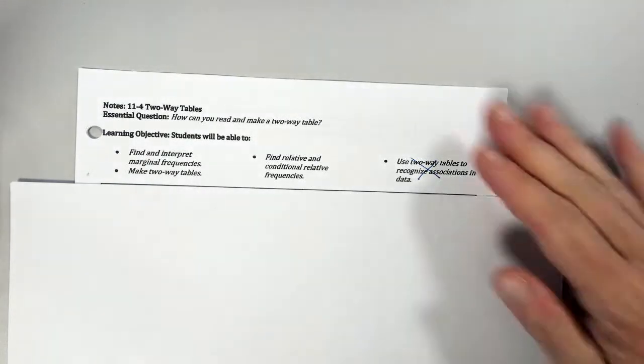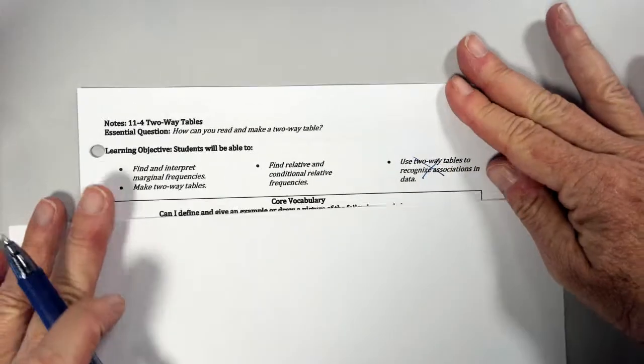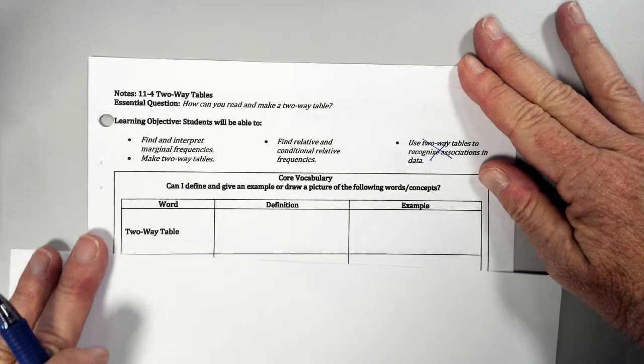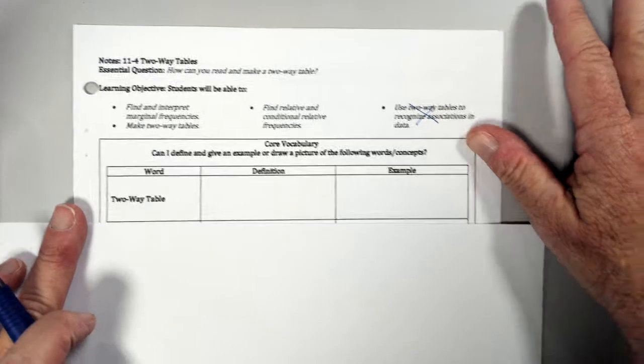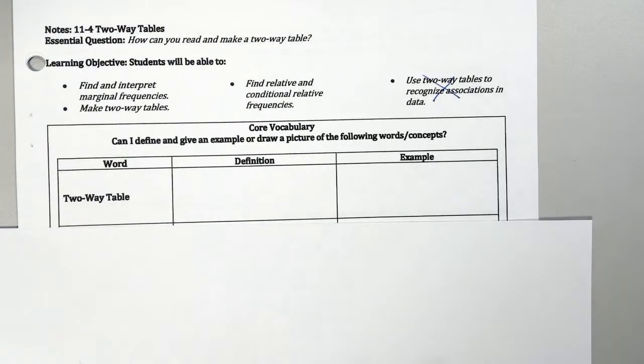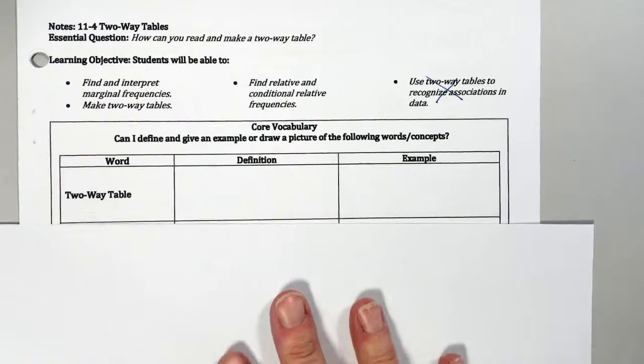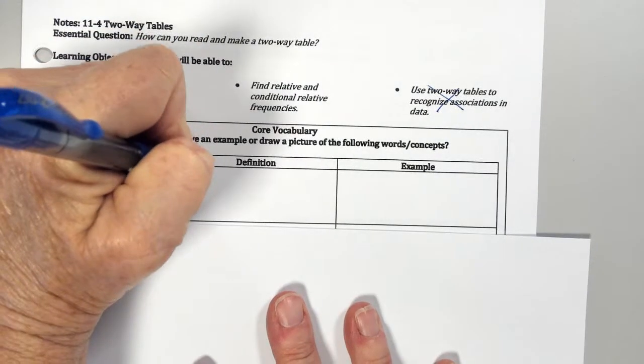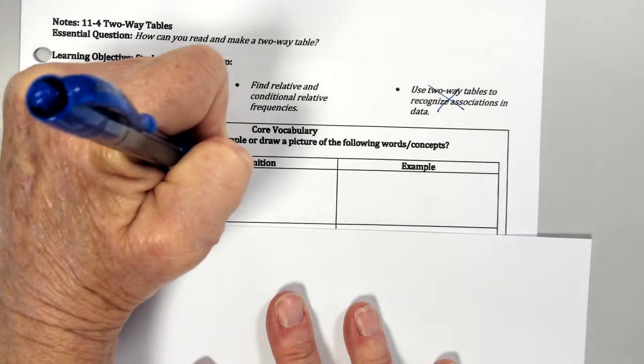So what I am going to do is start with some core vocabulary, and the first word that I'm going to define is two-way table. A two-way table is a frequency table.